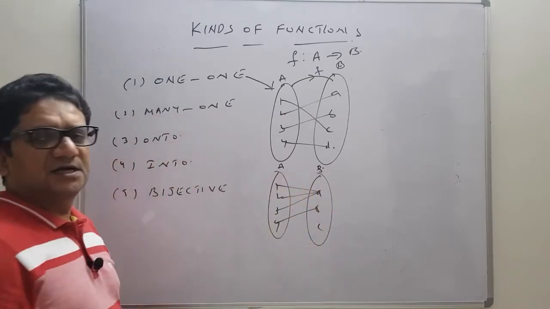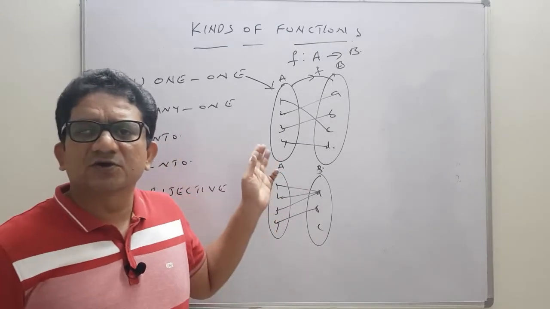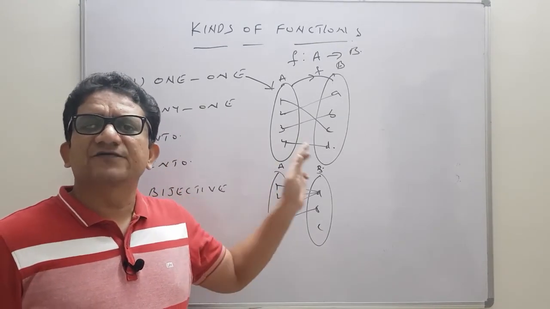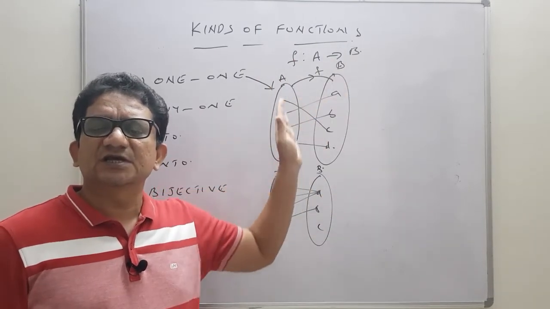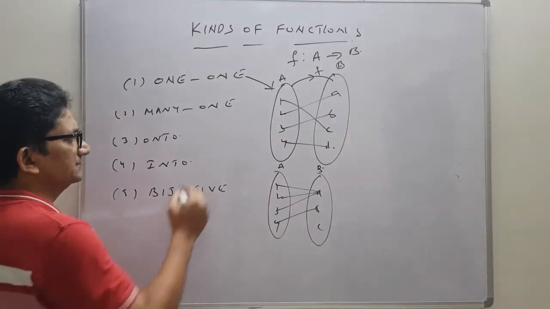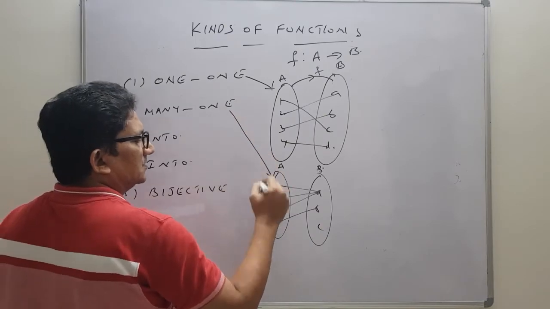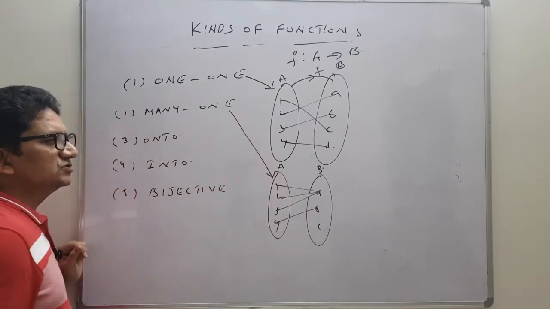So this we can call many-to-one. Two or more elements of set A having the same image in set B, then f from A to B is said to be a many-to-one function.